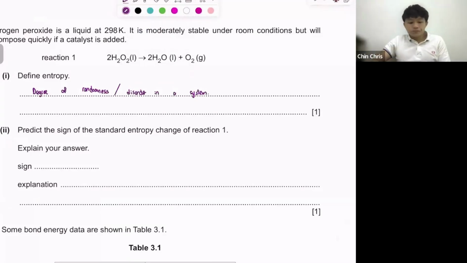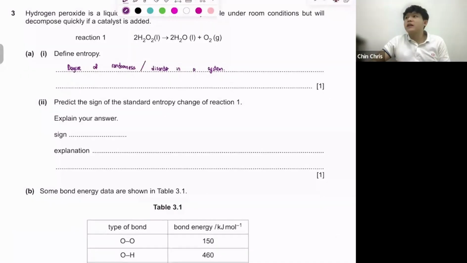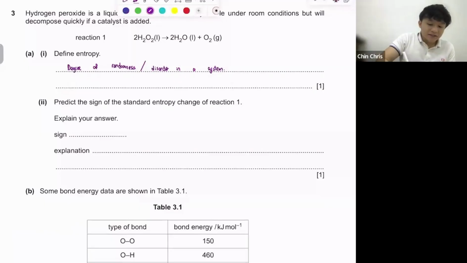All right, guys, entropy for reaction 1, is it positive or negative? Let's recap a bit. Is it more disorder or less disorder? More, right? Why? You see a gas form. So the sign is positive, right? Guys, there's two different reasons. One is a gaseous product is formed.